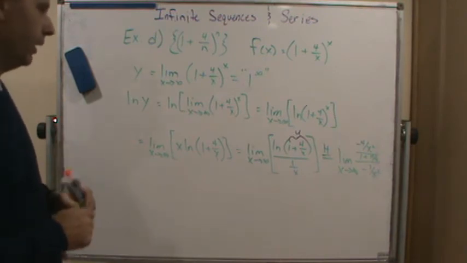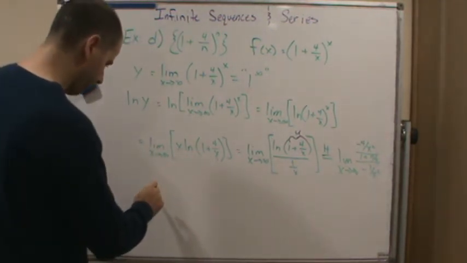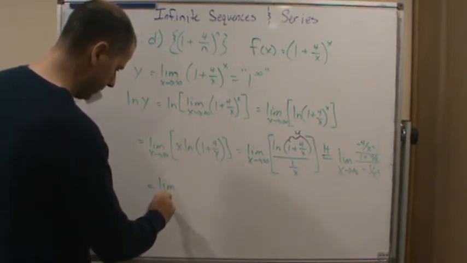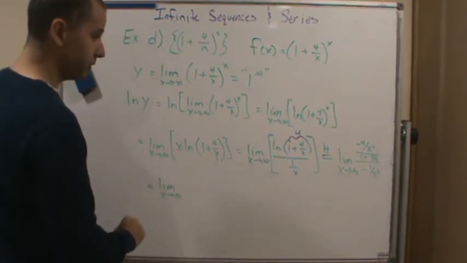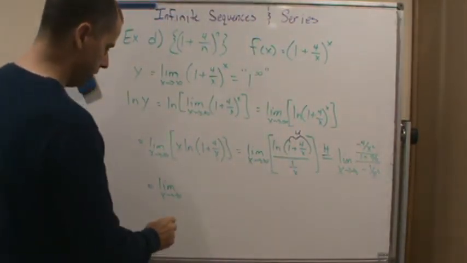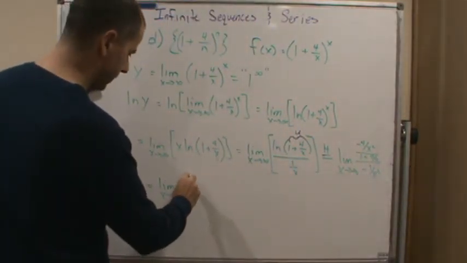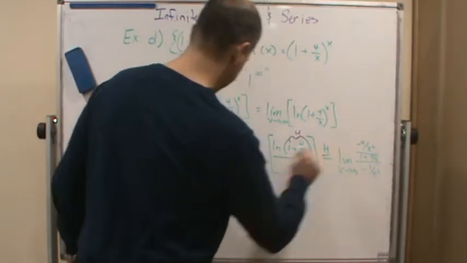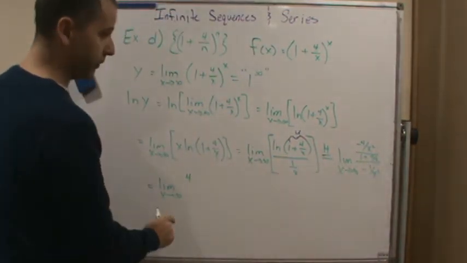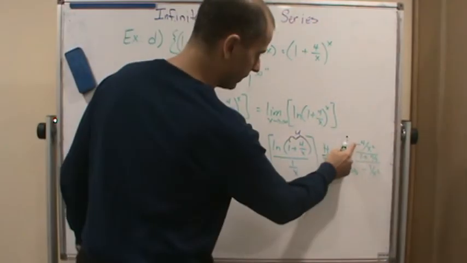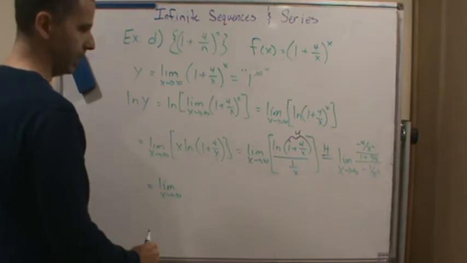So now, if we simplify this, we get the limit as x approaches infinity. We're going to multiply by the reciprocal. The negatives are going to cancel, so this will be positive, because the negative on top cancels with the negative on the bottom.